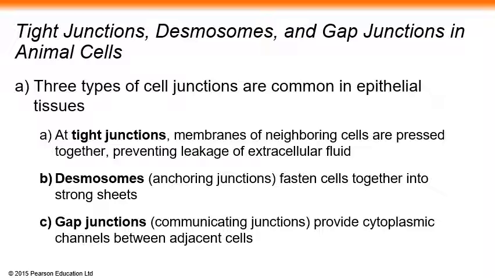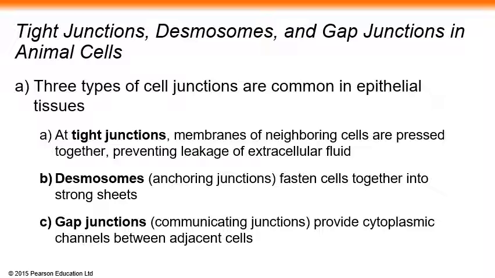Okay, for the cell junction for animal cells, we have 3 types. So 3 types of cell junctions are common in epithelial tissues, skin tissue for the animal. That's the epithelial. Tight junction means one cell to another, they join together without any space in between cells.